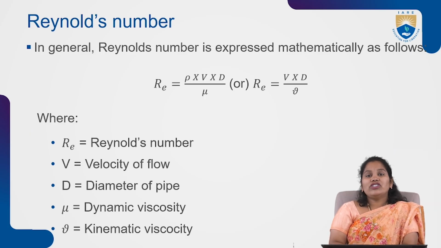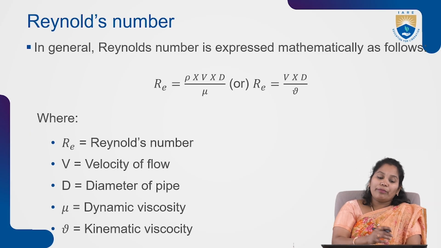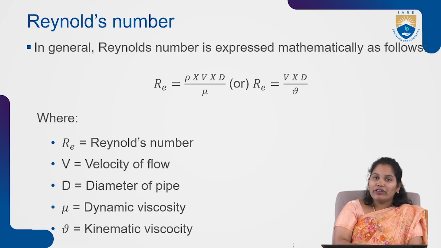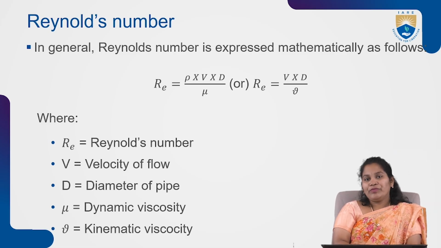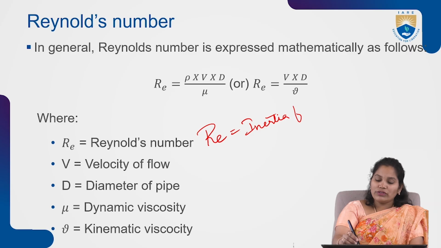And the main way of differentiating laminar and turbulent flow is by using a mathematical equation, that is the Reynolds number. What is the Reynolds number? The Reynolds number Re is equal to inertia force by viscous force.